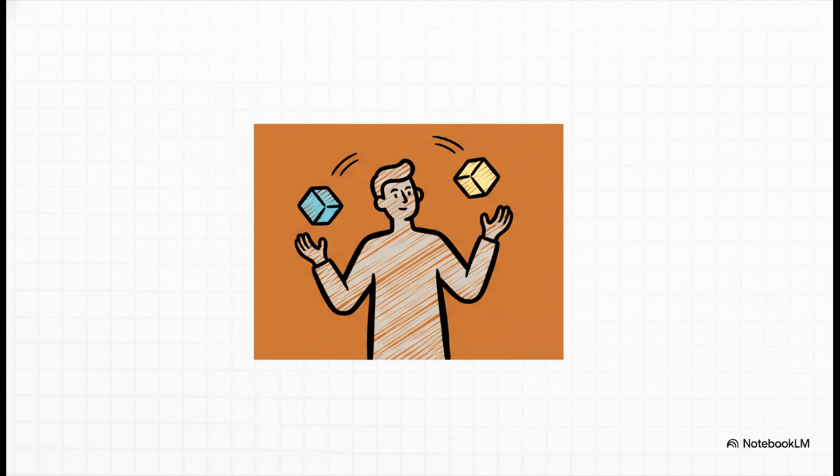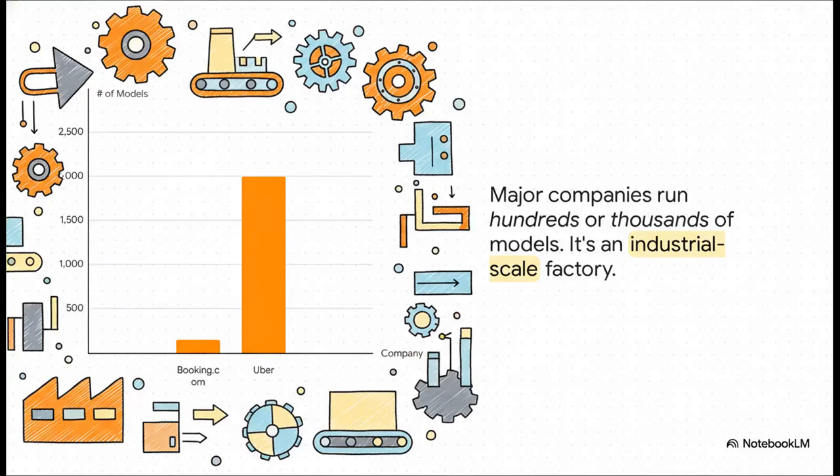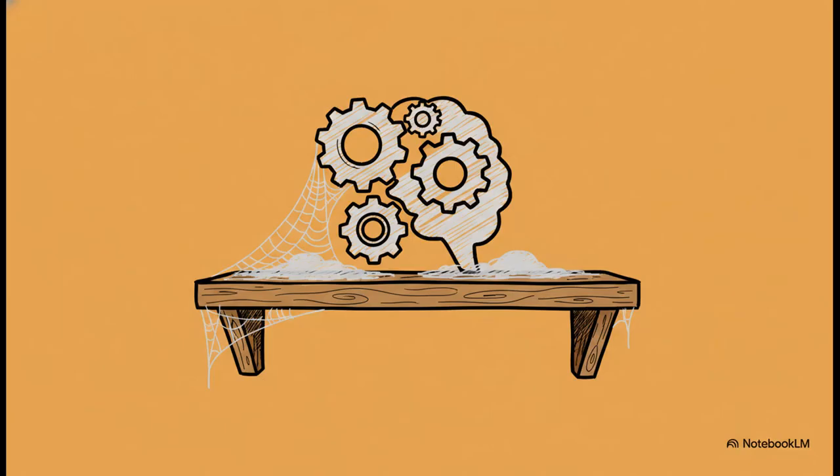A nice, simple, small-scale operation. But in reality, for major companies, the scale is just staggering. Booking.com is running over 150 models in production right now. Uber? They're running thousands. This isn't some boutique workshop. It's an industrial-scale factory.